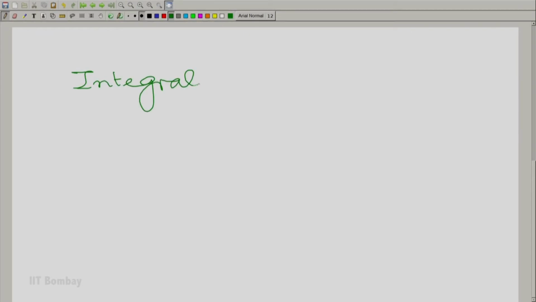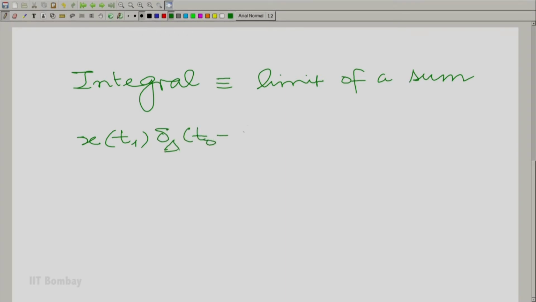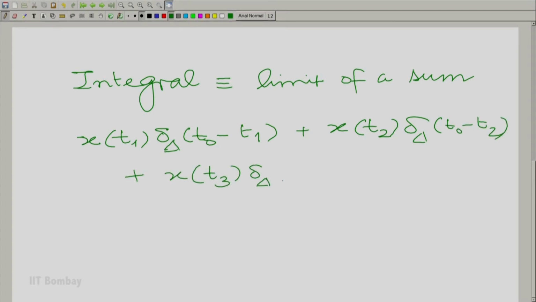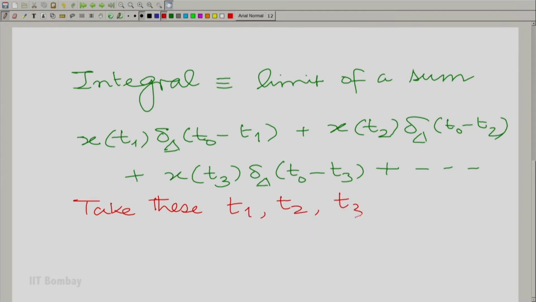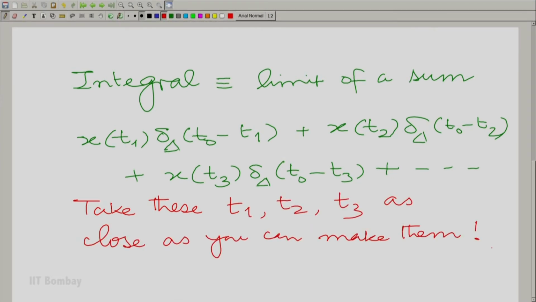So, you could think of it as x at some t1 Delta(t0 minus t1) plus x at some t2 Delta(t0 minus t2) plus and so on. Take these t1, t2, t3 and so on as close as you can make them.